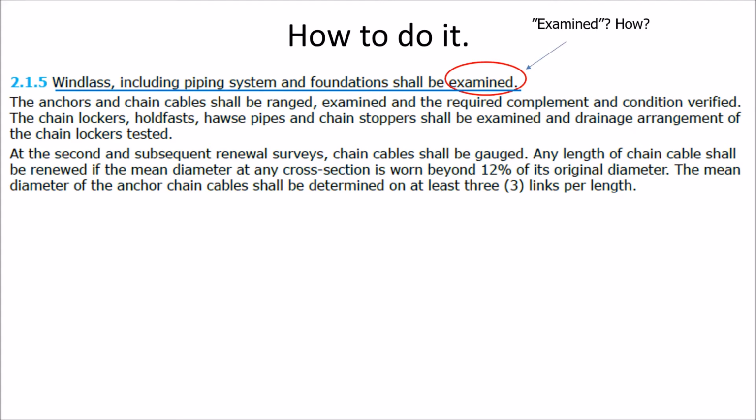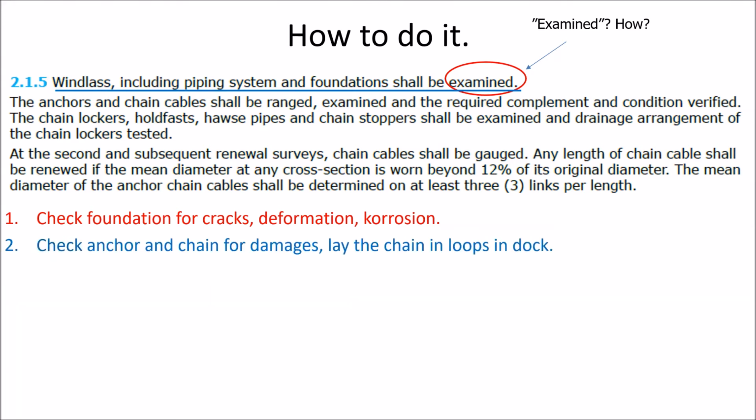We have a few tips here about how to examine. So we check foundation. That is from our own experience and knowledge about cracks and the forces acting on this equipment. Check foundation for cracks, deformation, and corrosion. And I think we check the anchor and chain for damages. Lay the chain in loops or as it should be arranged in the second row of this paragraph above here.